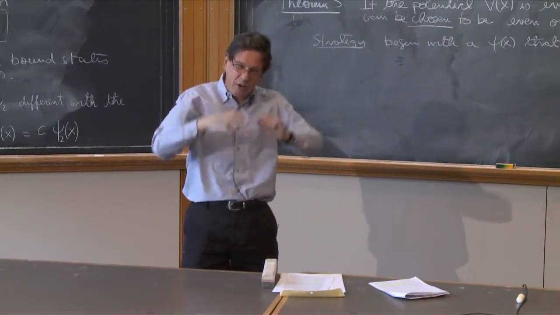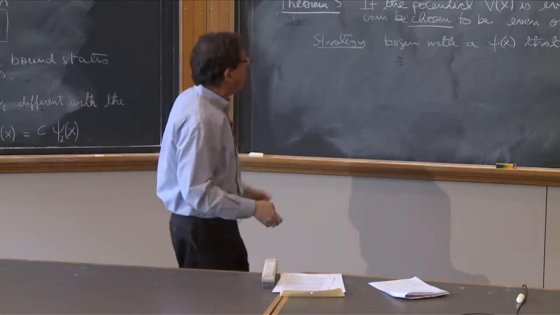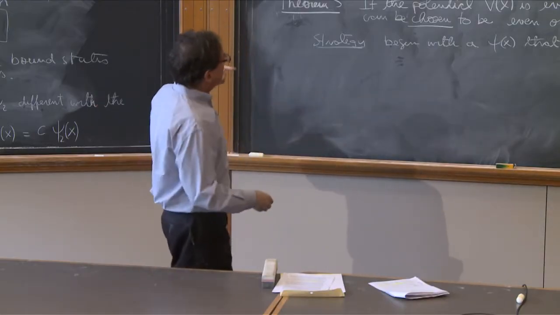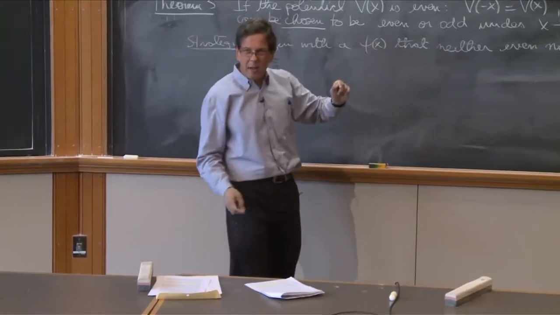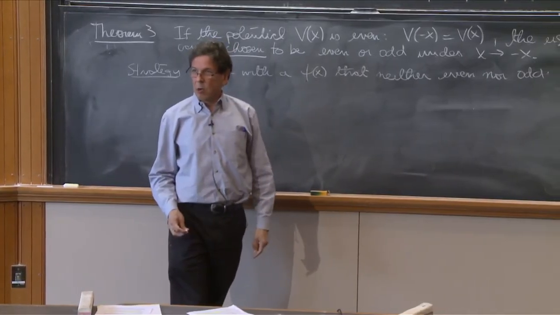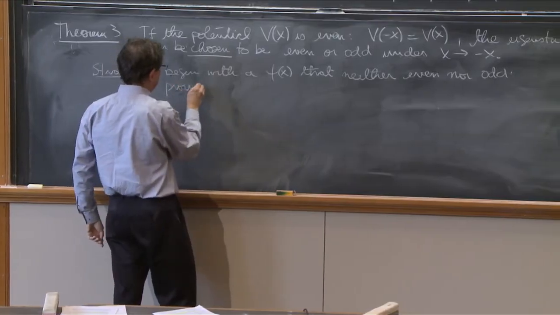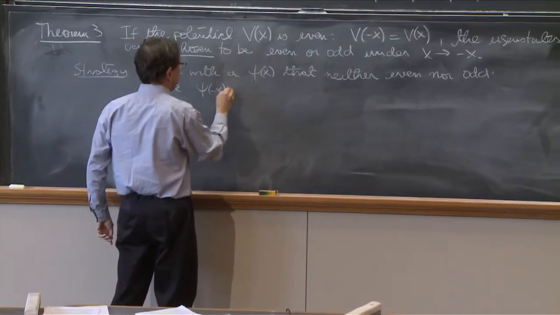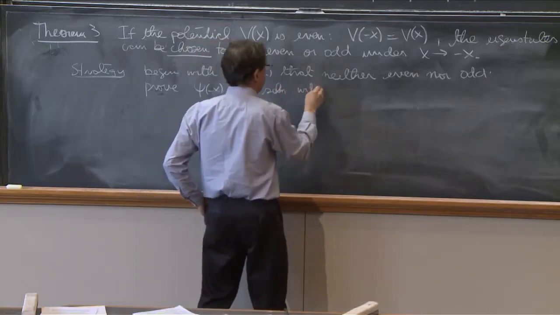Take the Schrodinger equation, change all x's to minus x's, and show that, in fact, not only psi of x is a solution, but psi of minus x is also a solution with the same energy.